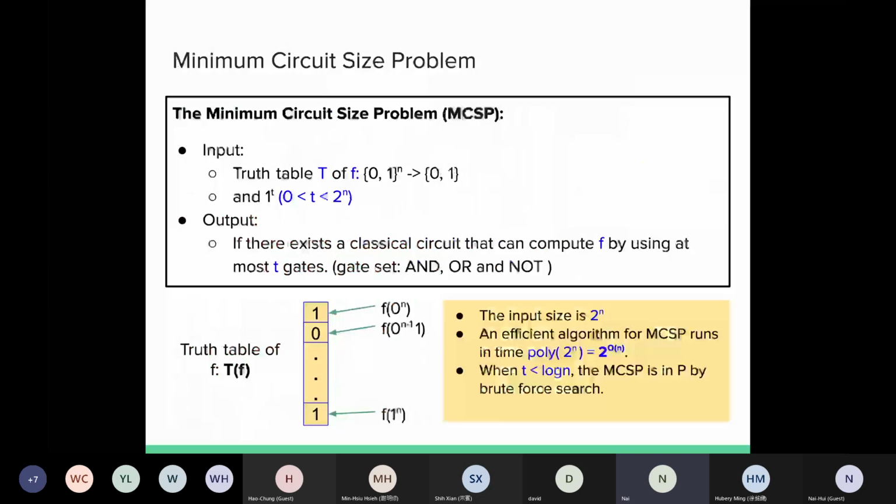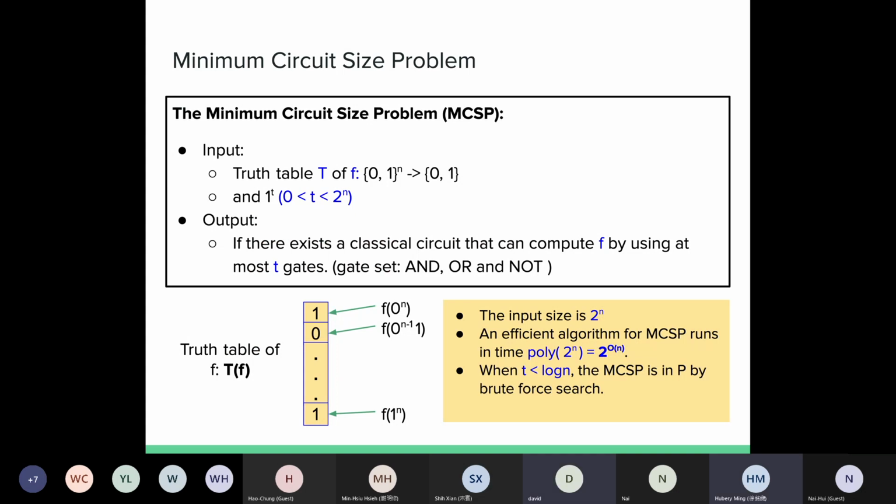If T is smaller than log n, then the problem is easier because you just enumerate all possible circuits and try all of them. If none of them work, then you are good, and if one of them works, you are still good. But if you have more than that, I think we don't have an algorithm to solve the problem right now.